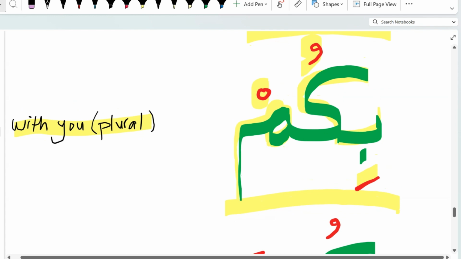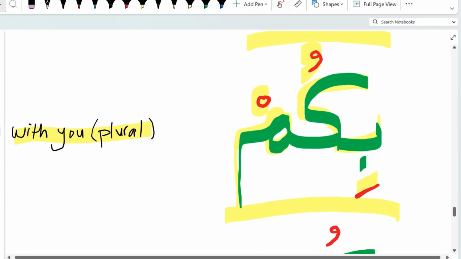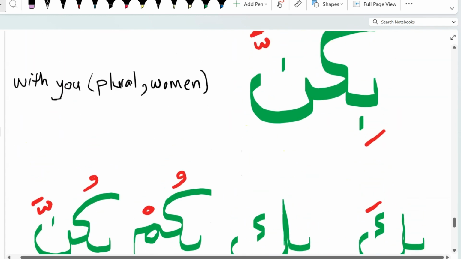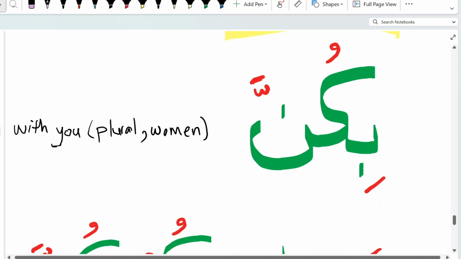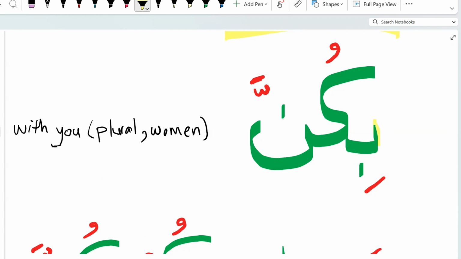But what if the group has only women? There's no men. That's a special thing in Arabic for addressing women. So we say bikunna. So this is b and kasra is bi, and there is k and dhamma. So it's biku. And this is the noon, bikunna.